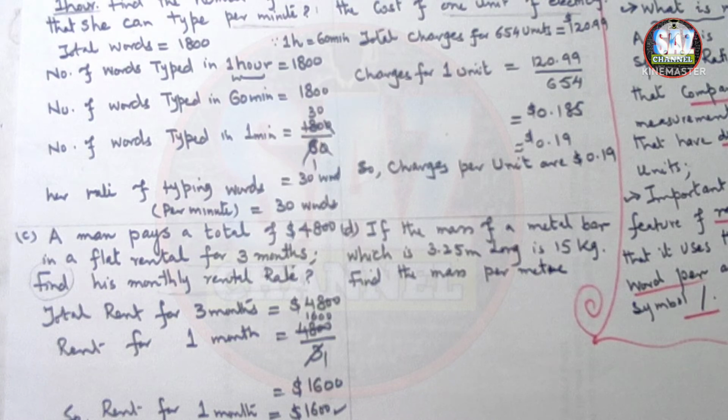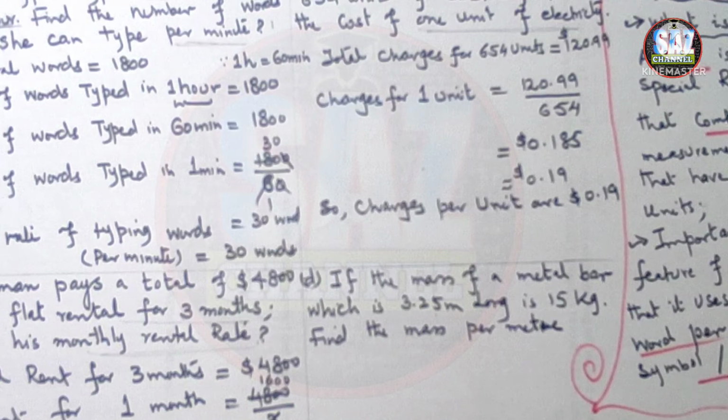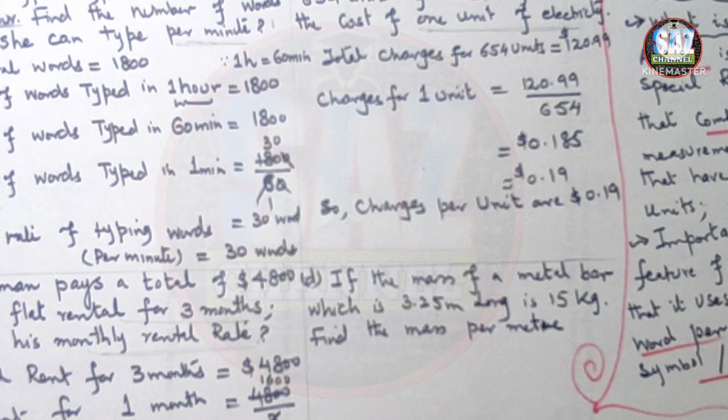And moving to D part, D part says if the mass of the metal bar, which is 3.25 meters long, is 15 kg, then we have to find the mass per meter.